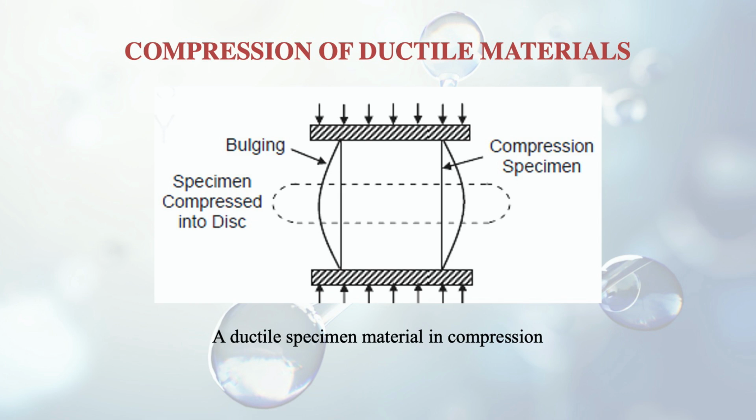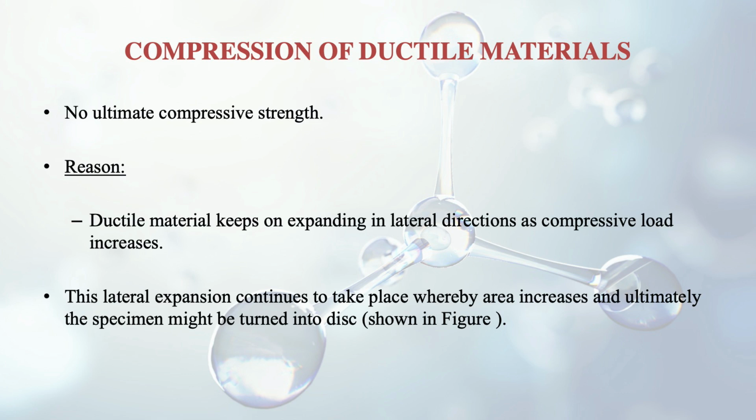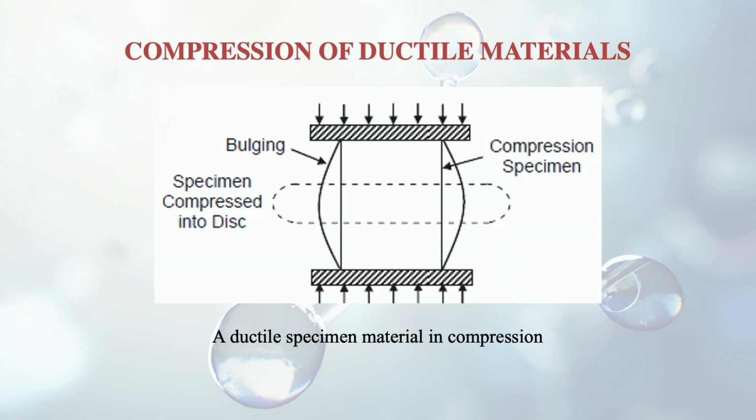That is what happens in the case of ductile material. This lateral expansion takes place and continues, whereby the area will increase, as you are seeing in the figure, and ultimately the specimen might be turned into a disc. You can see in this figure the dotted curve, and this dotted curve represents the disc.